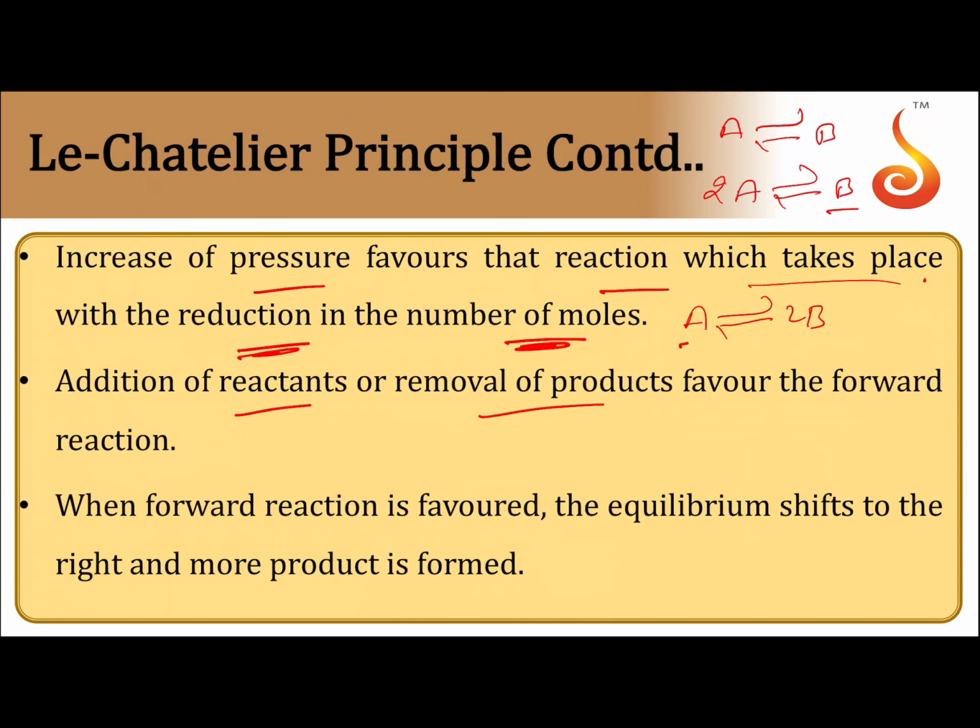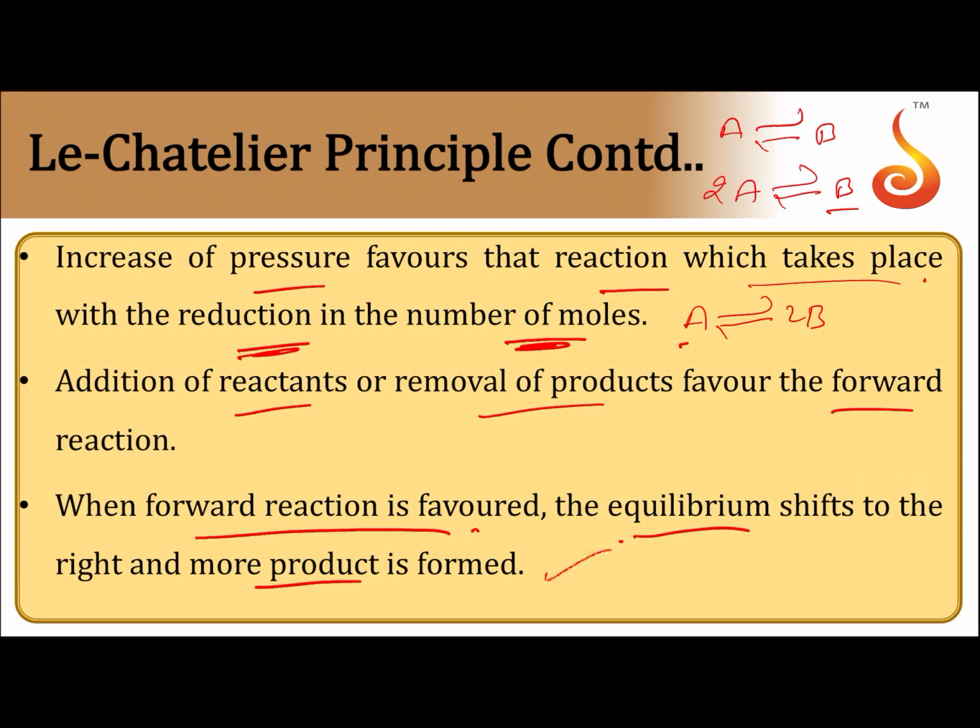Addition of reactants or removal of products always favors the forward reaction. When the forward reaction is favored, it means the equilibrium shifts to the right side and we get more product.